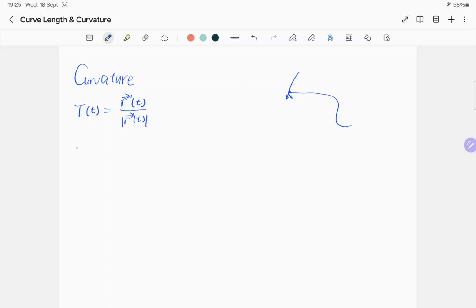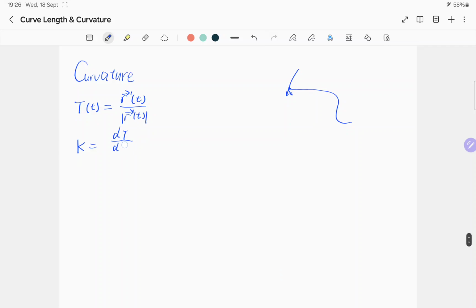So what is the curvature? Well, by definition, it is dT over ds, or dL. We use L to represent the length of the curve. So what we are trying to say here is the change of the unit vector per change of length.